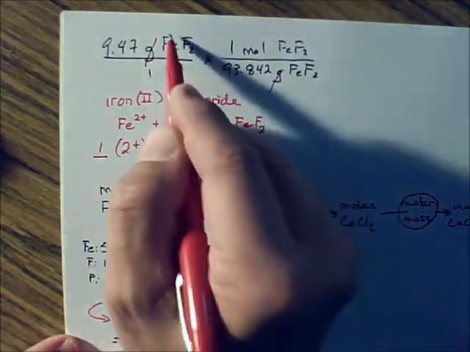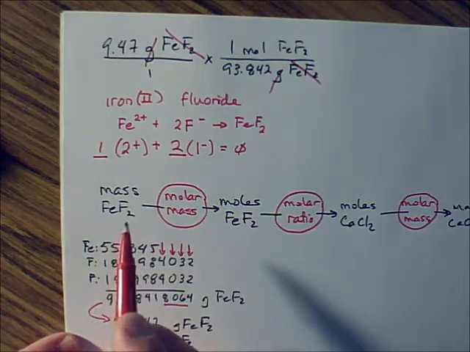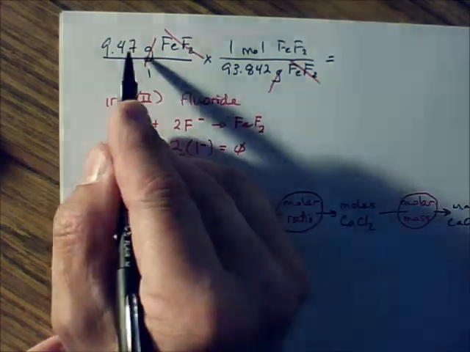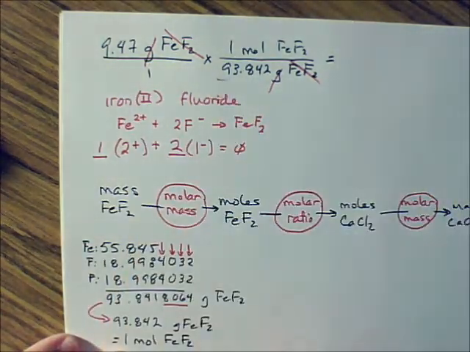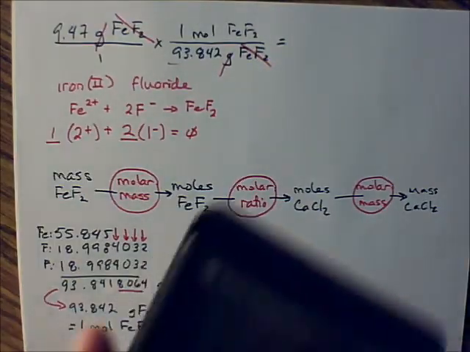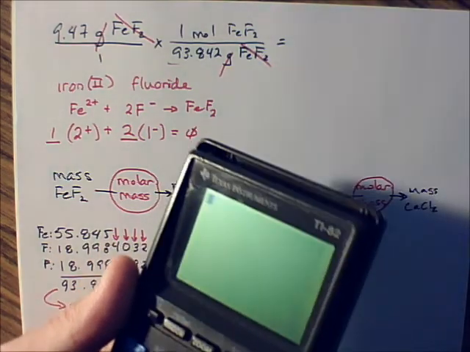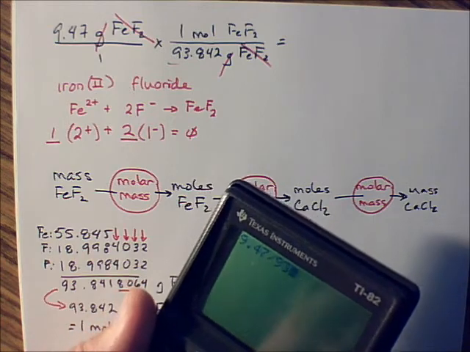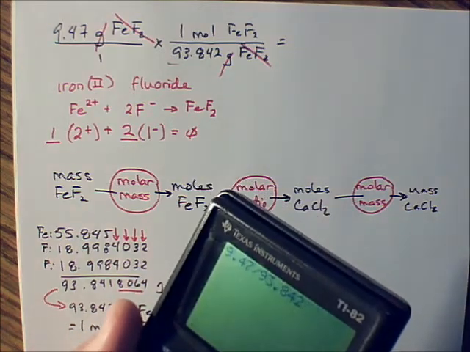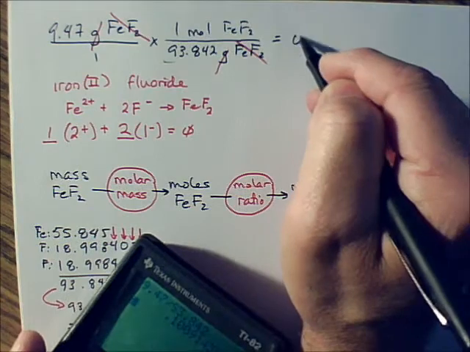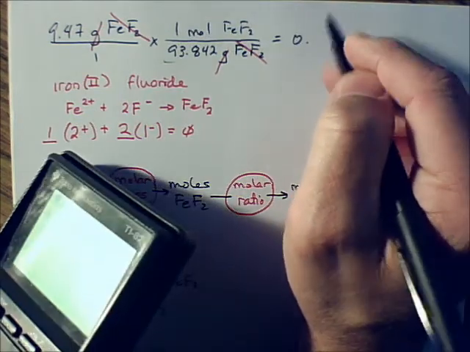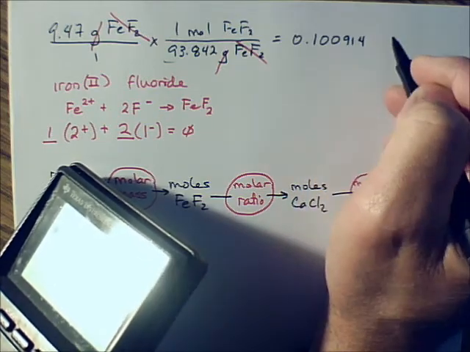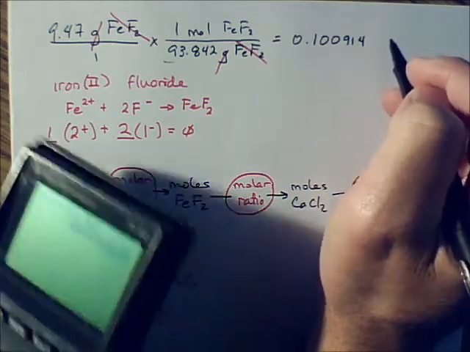Okay, so now we're ready to cancel, like x's and y's in algebra. Grams and the species can cancel on the top and bottom. We're ready to do the math now. We take this number and divide by this number in the calculator. 9.47 divided by 93.842, and I get 0.1009143028.